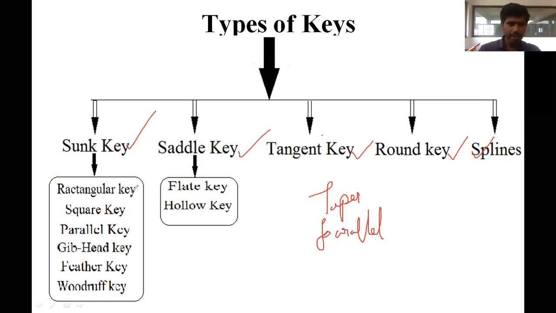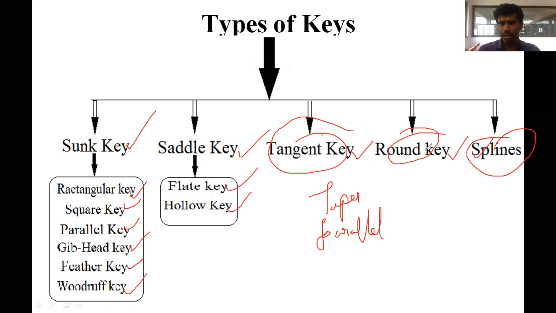In the sunk keys, we have rectangular, square, parallel keys, gib head keys, feather keys, and Woodruff keys. In saddle keys, flat saddle keys and hollow saddle keys. And we have tangent keys, round keys, and splines. As the name indicates, they are placed tangentially and look round. Let's see how they look.